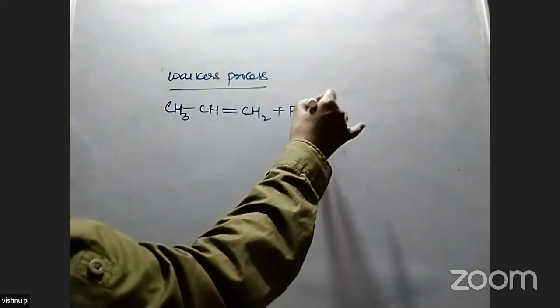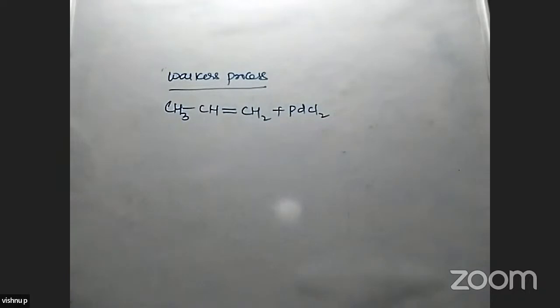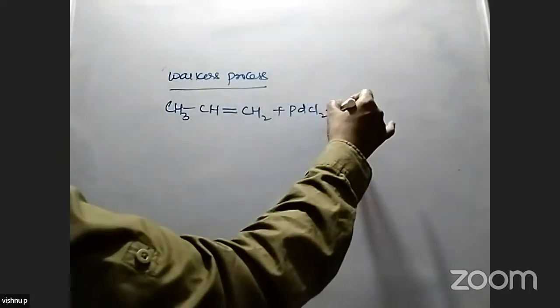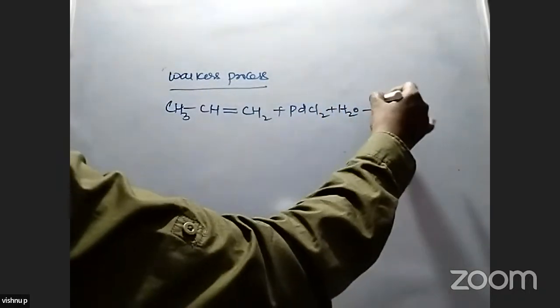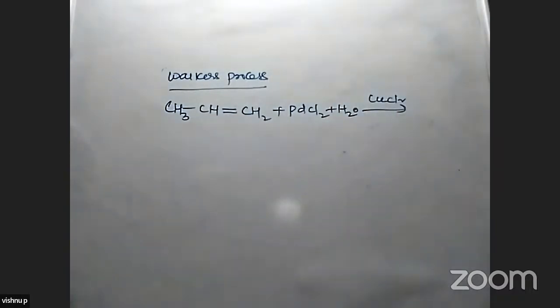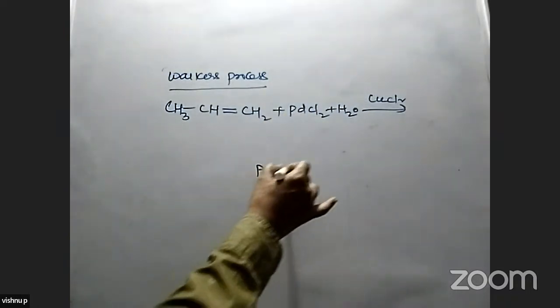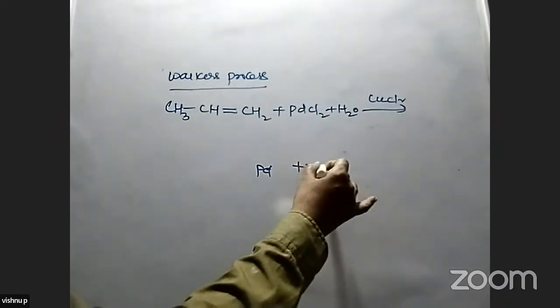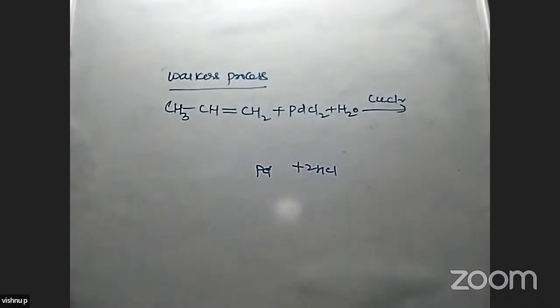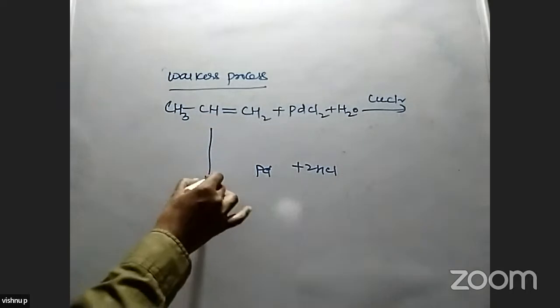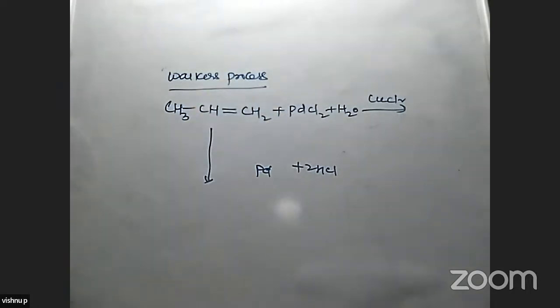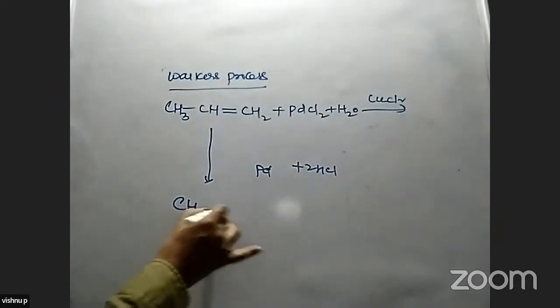Propene reacts with palladium chloride in presence of water and cuprous chloride salt. So this oxygen, palladium is separated. 2 HCl is also separated. This oxygen combines with this hydrogen, and this hydrogen is transferred to this side. So we get this compound.